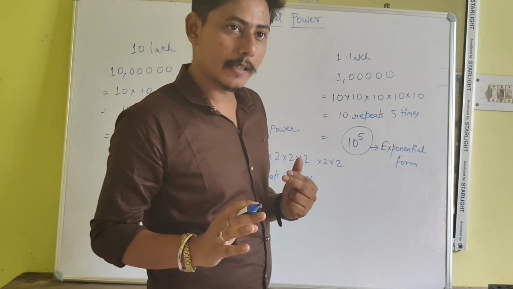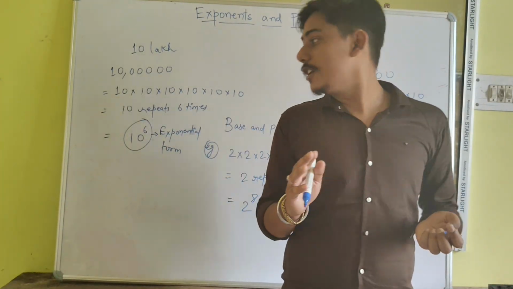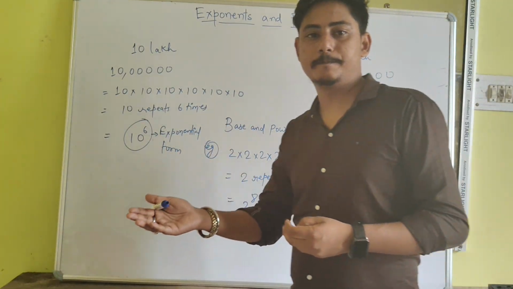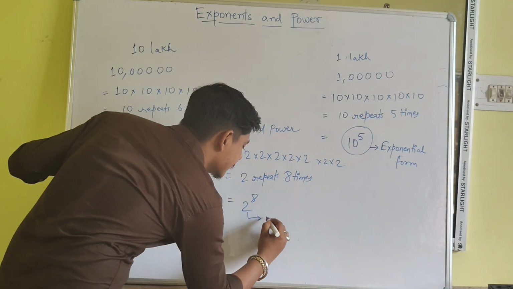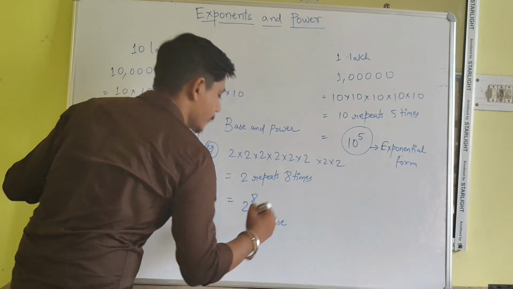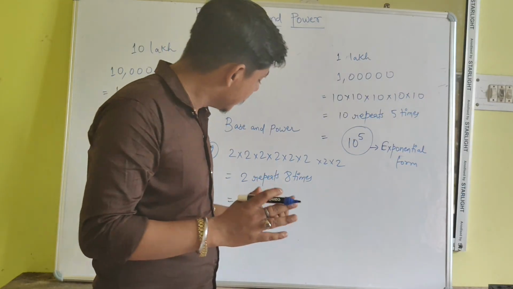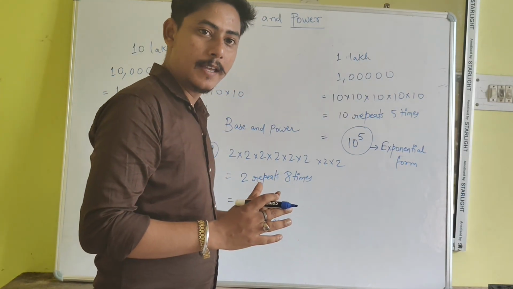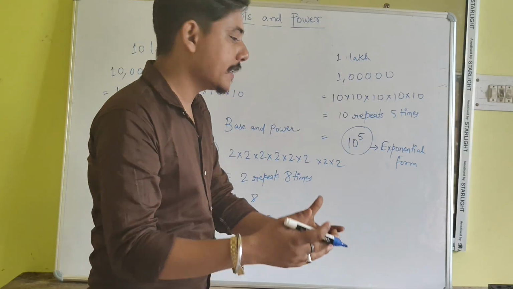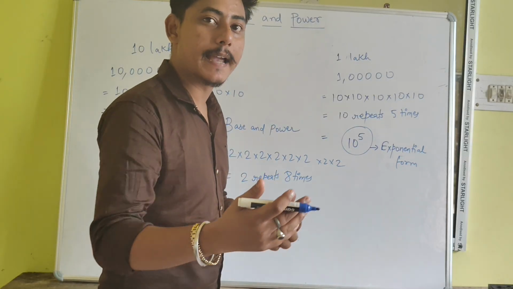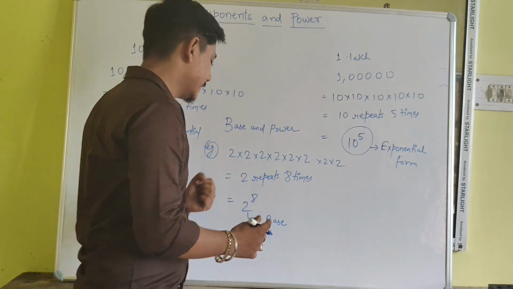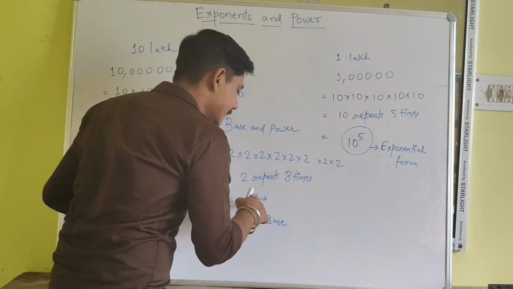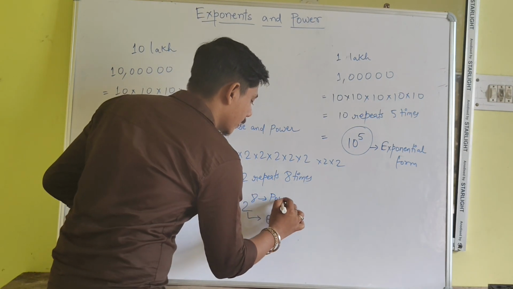So remember one thing. The number which is repeated is known as the base. The repeated number is known as the base. And how many times the repeated number is multiplied by itself is known as the power. In this case, 8 is the power.